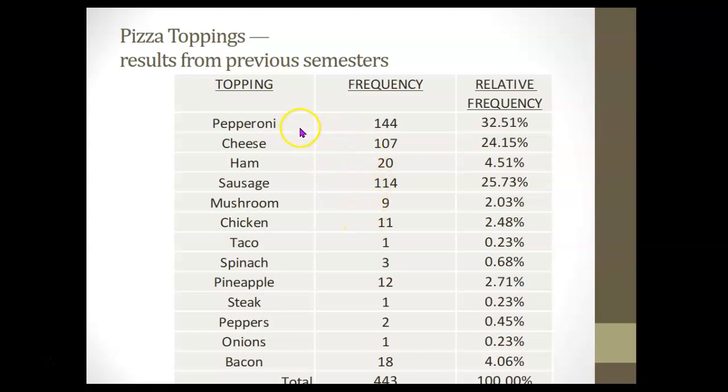So, it looks like the most popular pizza topping has been pepperoni. Sausage and cheese are also pretty popular. And then not nearly as popular, but I've also had people say ham, chicken, mushrooms, pineapple, bacon, and various other things.